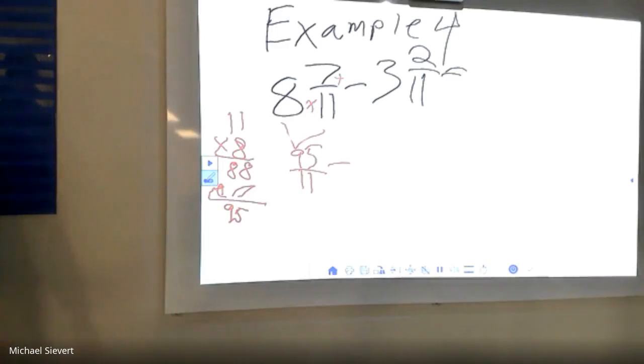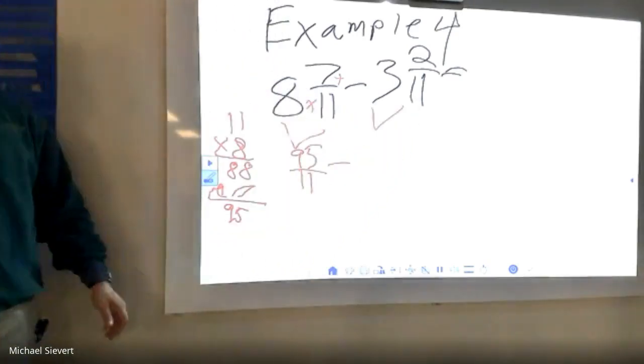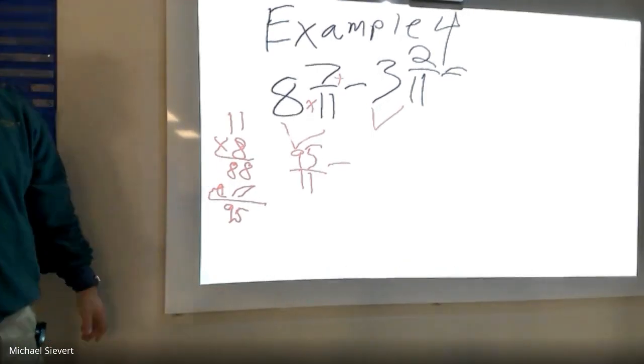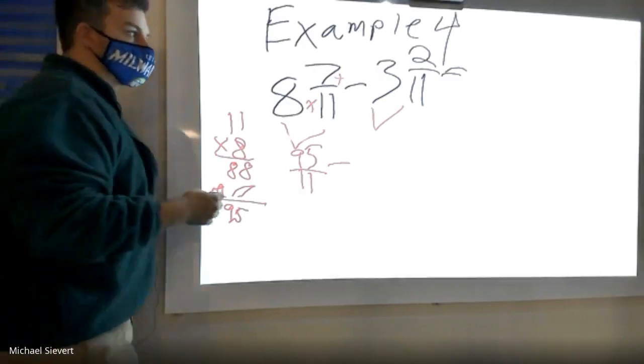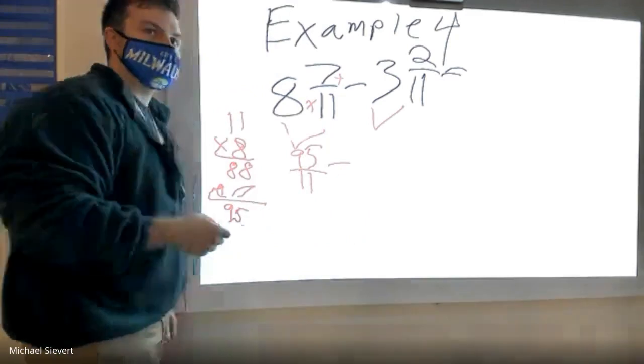minus, you've got to change this one to an improper fraction as well. Taylor? Minus 3 and 2/12. 3 and 2/12.